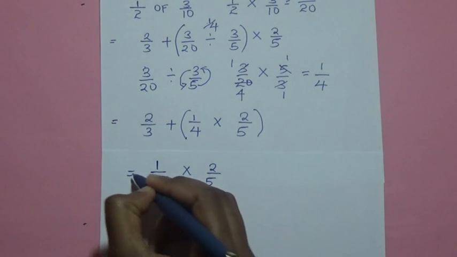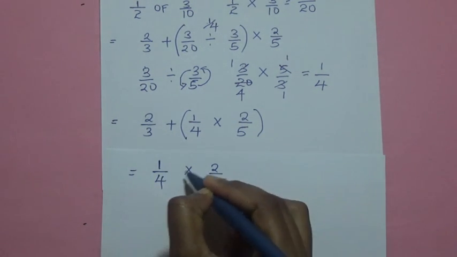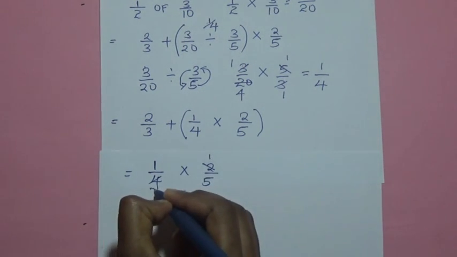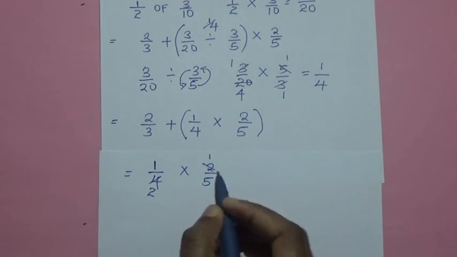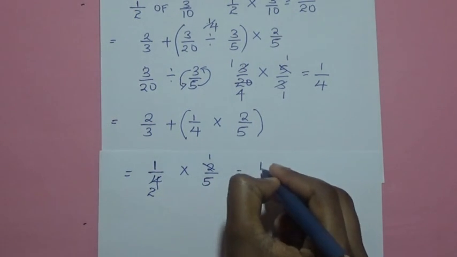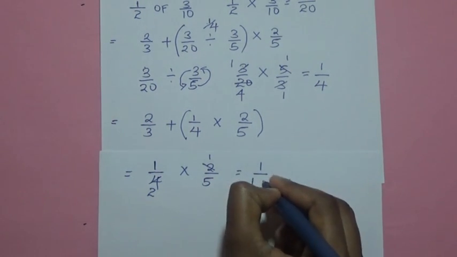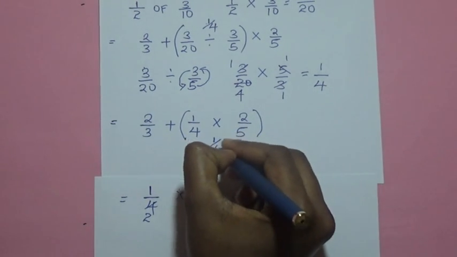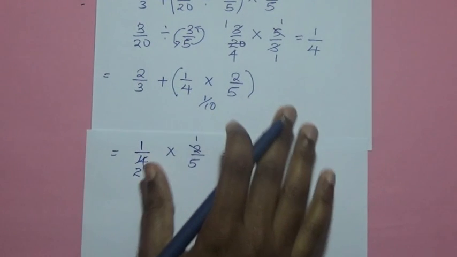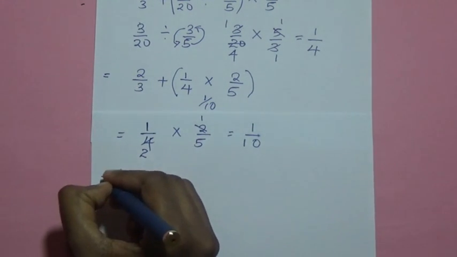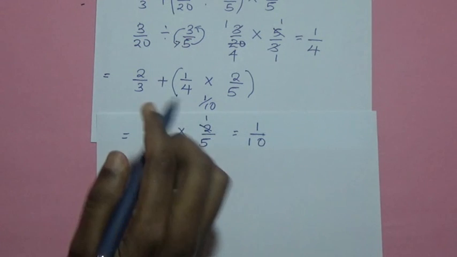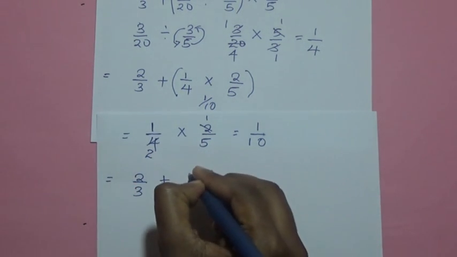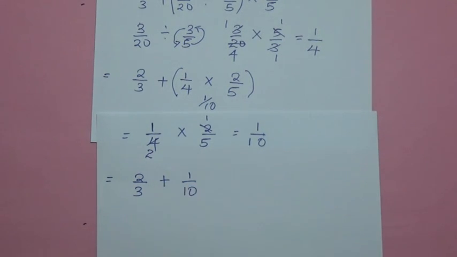We can simplify this by dividing by 2. 2 by 2, 1. 4 divided by 2 gives us 2. So the answer will be 1 over 10. Finally, we write down what we are left with, which is 2 over 3 plus 1 over 10.